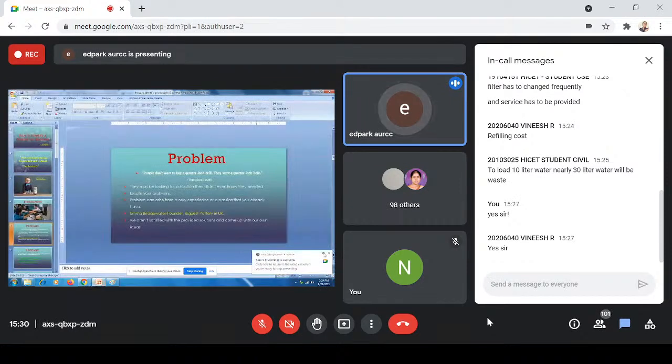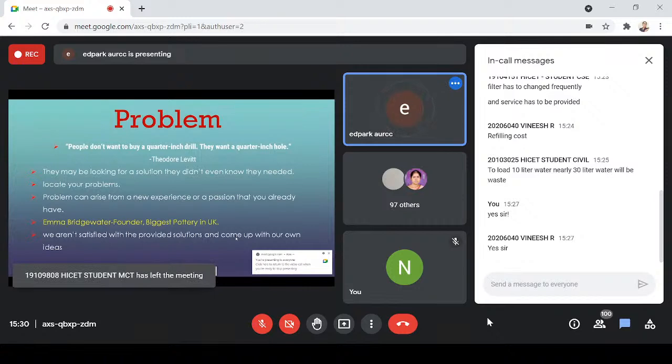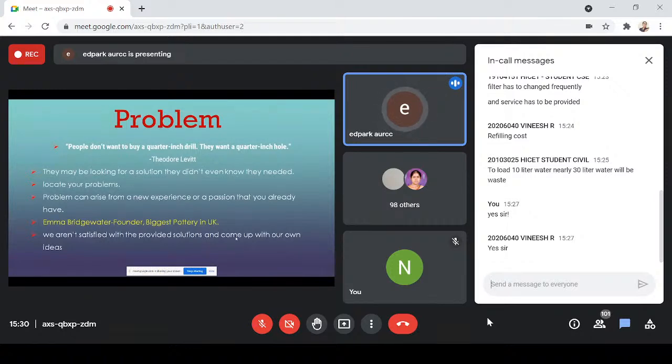Then I don't want to take much of your time, so I'll get straight into this. That's what I could suggest here. You may be looking for a solution that most people need, or you may be looking for a solution that no one needs. So there are probabilities. What I can suggest is that there are so many problems arising from your own experience. I just want to quote an example.